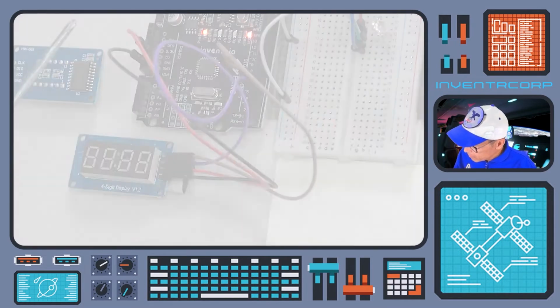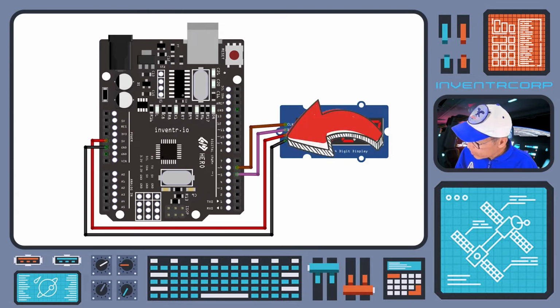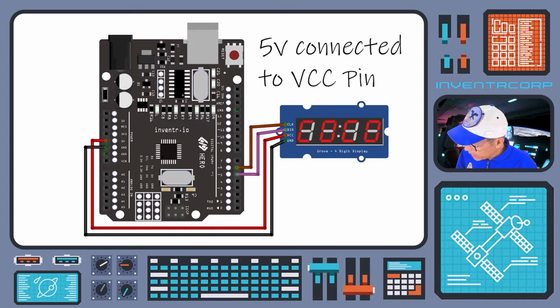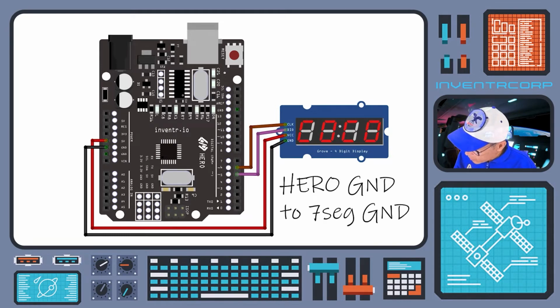The point that I was just talking about was the bottom 2 pins here. The positive voltage is this red line, and it connects to the second from the bottom. And the black line here is the ground, and that connects to ground on the hero. So those two, the power circuits for our display, are pretty straightforward.